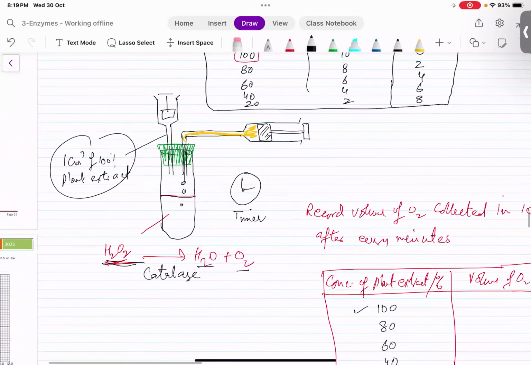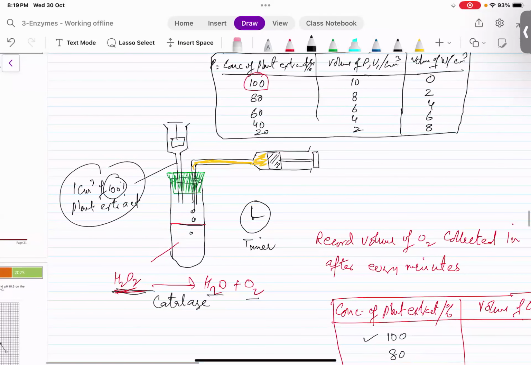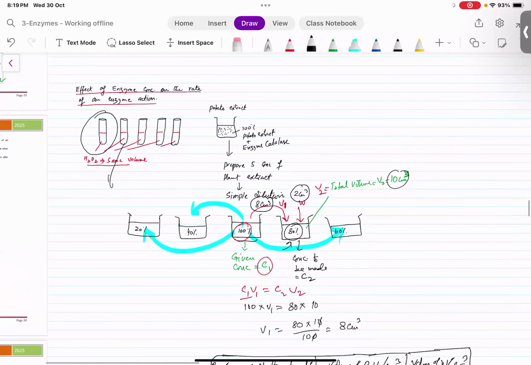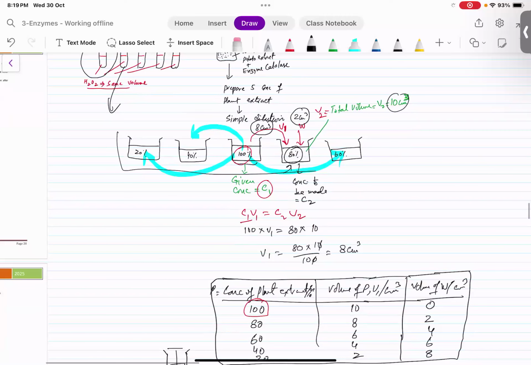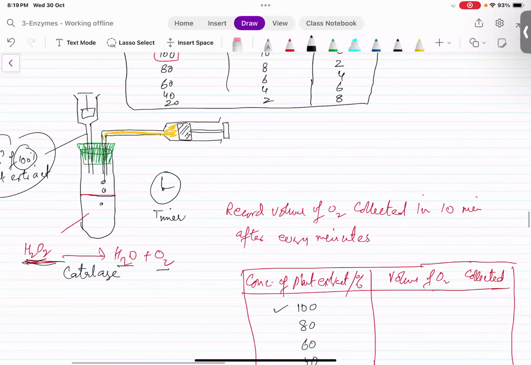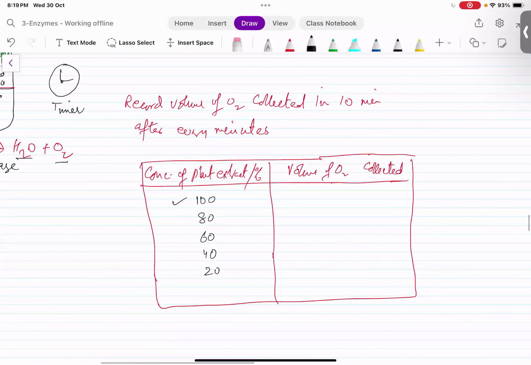First, we have done it with the 100% plant extract. Then we take the other test tube and do it with 80%, then 60%, then 40%. So with every concentration that we have prepared, we record the volume of oxygen collected till 10 minutes, or maybe some specific time, 3 minutes may be taken.